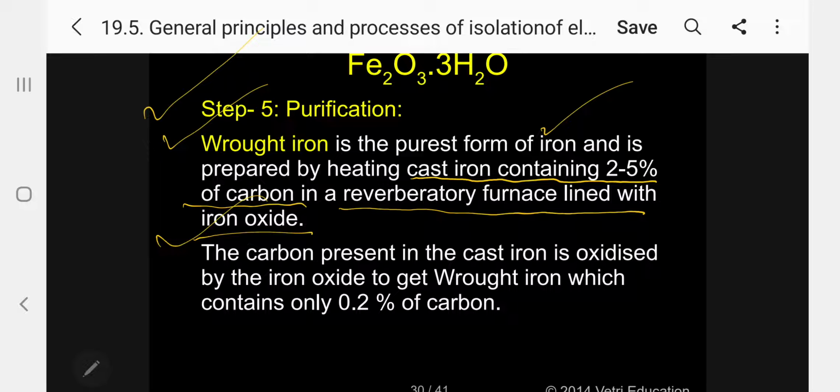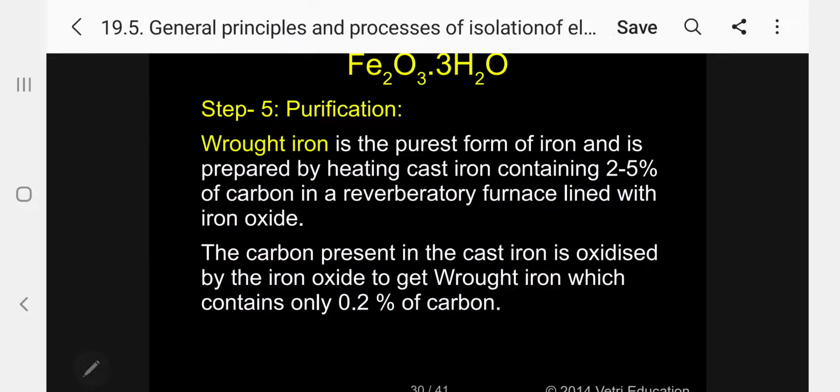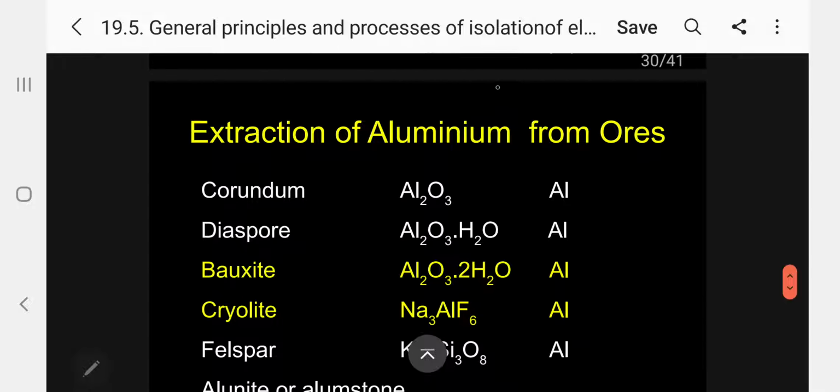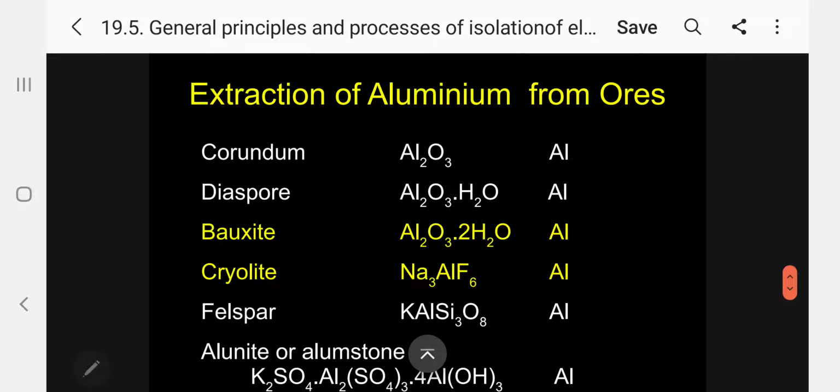The carbon present in the cast iron is oxidized by the iron oxide to get wrought iron, which contains only 0.2% of carbon. So almost 99.8% of iron we can get from this method. Kindly follow. So this is the method we can purify the iron.